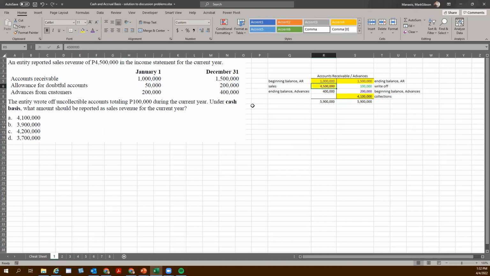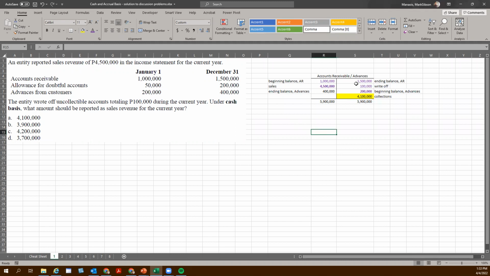And then also given yung amount written off for 100,000. Ito kasi class, we're doing the account under the assumption that you already know the entries. Kasi di ba, pag nag-record tayo ng sales, it's debit AR, credit sales. So since we're debiting the AR, in the T account, it will be also flagged here as a debit. And there's the accounts written off, so for 100,000.